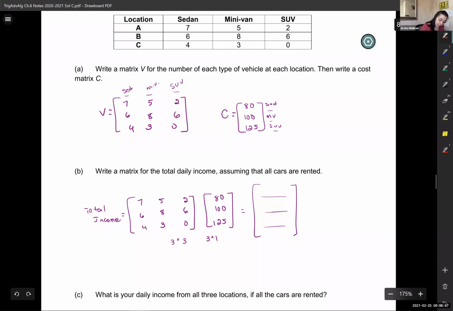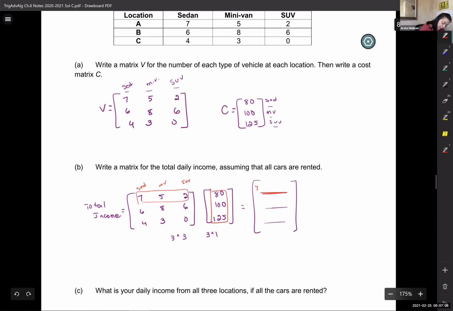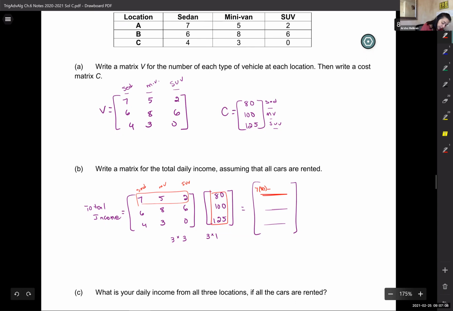So here's how this works. Here, that's row 1, column 1. So look, I've got sedan, minivan, SUV, sedan, minivan, SUV. I multiply them all out. So I have 7 times 80 plus 5 times 100 plus 2 times 125.